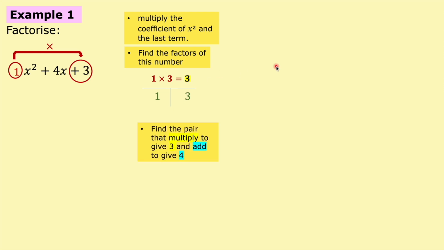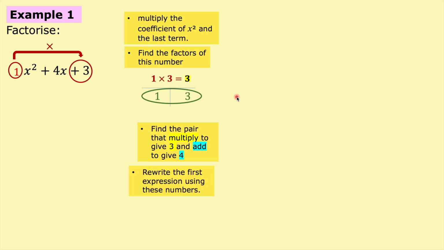The next step is straightforward because we've only got this one pair, but we would find the pair of numbers that multiply to give us this number we've multiplied to get, and then add together to give us 4. Clearly 1 add 3 do give us 4, so that is what we're going to use.